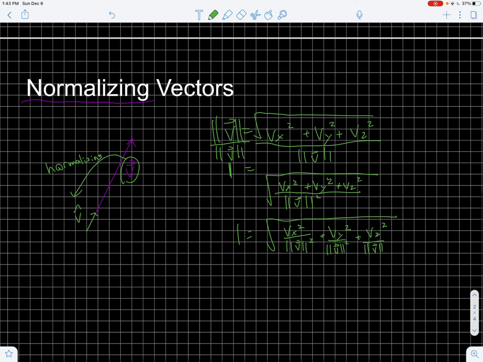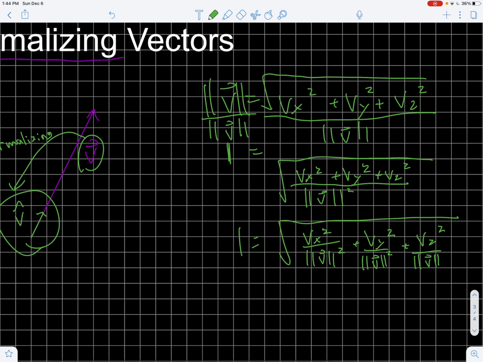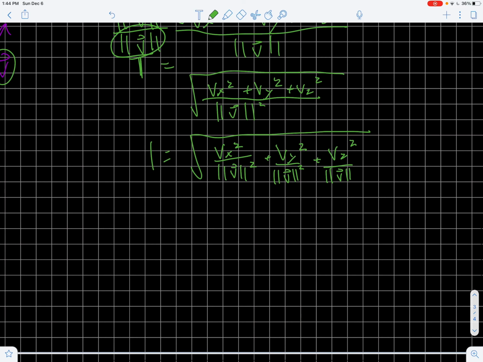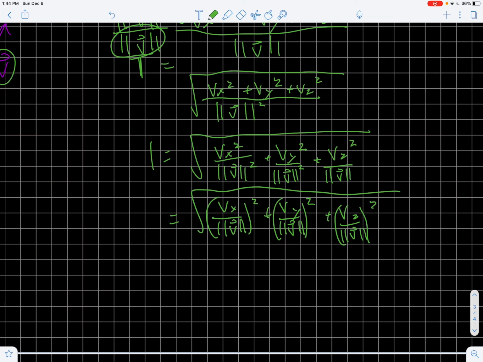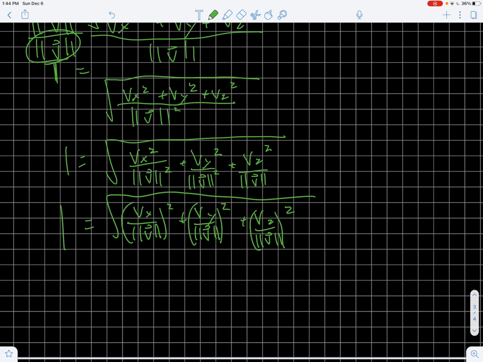So in order to find the components of this vector v hat, all we gotta do is take the components of v and divide by the norm of v. Now you're probably going like, what? No, let me finish this off. Vx over the norm of v squared plus vy over the norm of v squared plus vz over the norm of v squared.